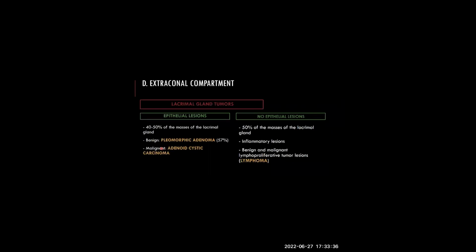In the extraconal compartment, we have the lacrimal gland tumor, which could be epithelial or non-epithelial, and the details of the lacrimal gland will be explained in the next lecture.